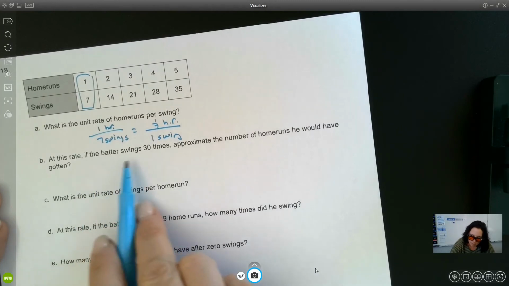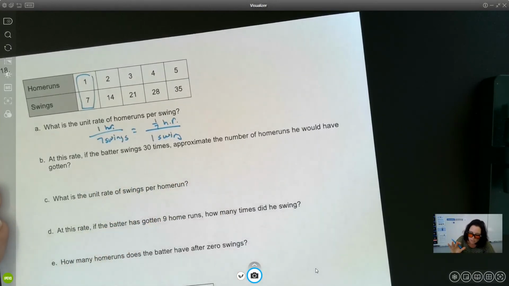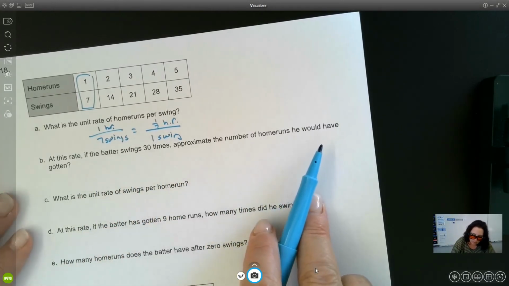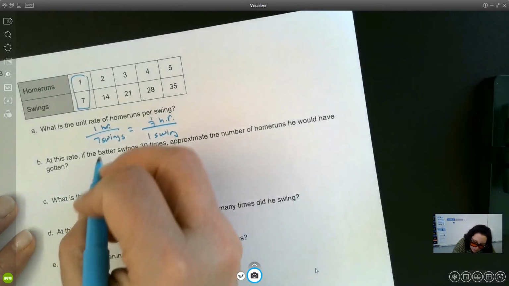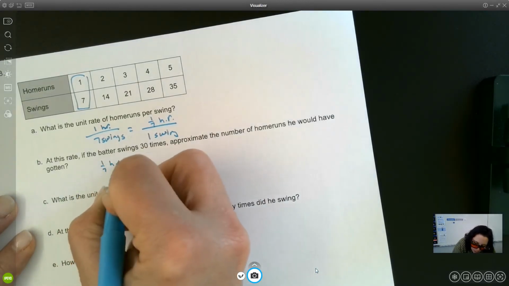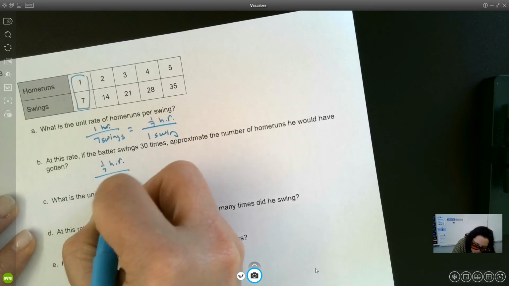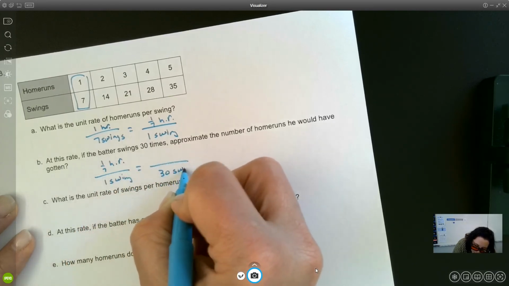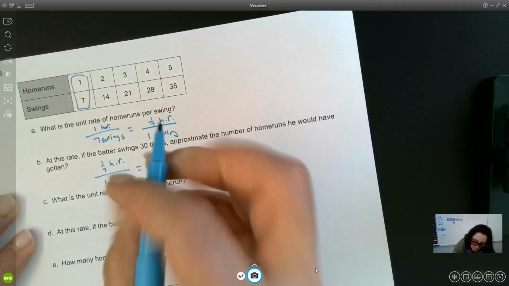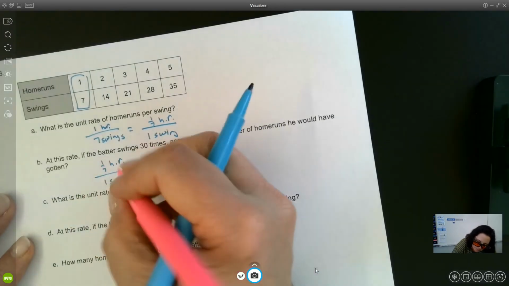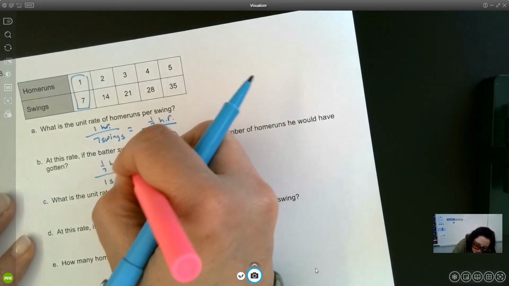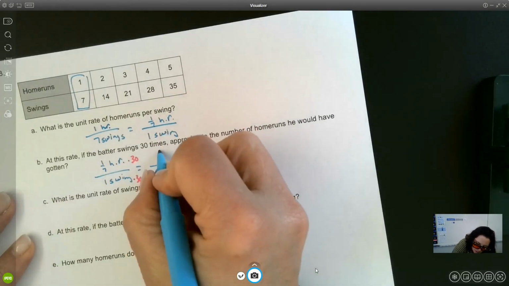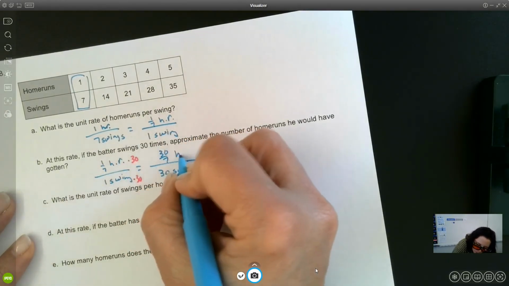At this rate, if the batter swings 30 times, approximate the number of home runs he would have gotten. Okay, so we're going to have 1/7 home run over 1 swing. And if I swing 30 swings, I'm going to multiply this by 30. That would be 30/7ths home runs.